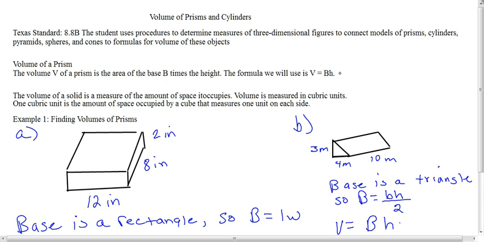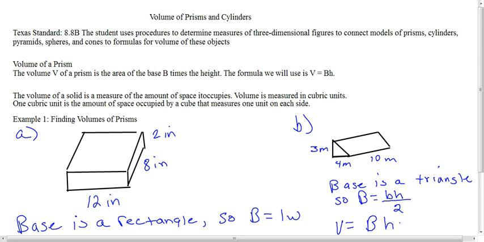So we need to understand what the term volume means, which is a measurement of the amount of space that a particular solid occupies, and it's always measured in cubic units.